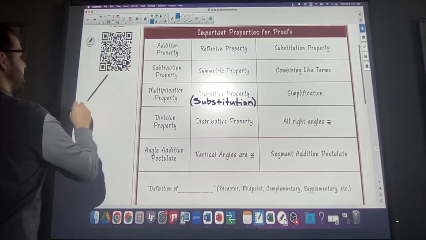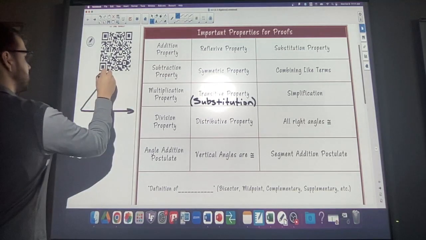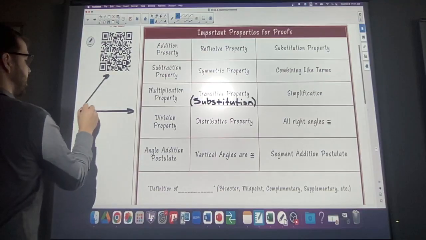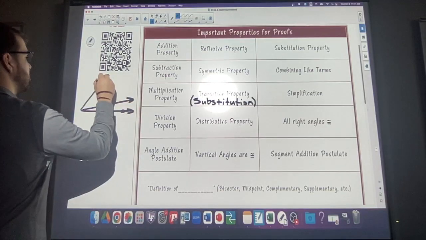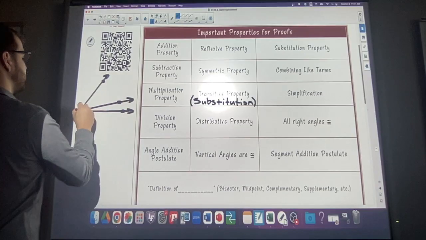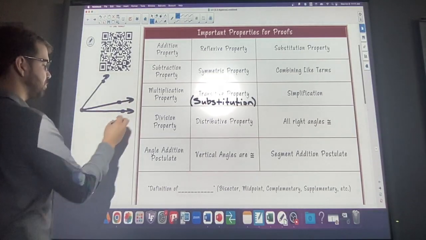So let's say we have an angle here. And let's say I have something like this. Okay, one angle, they don't need to be the same. We can have different sized angles, that's fine.